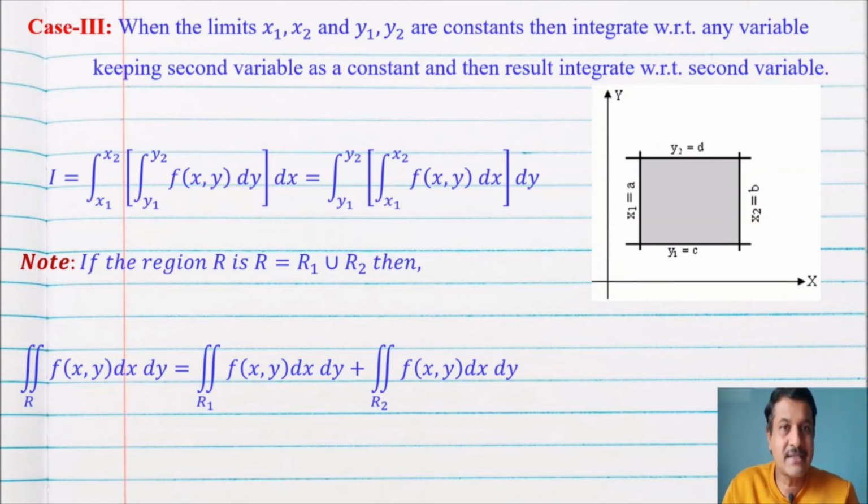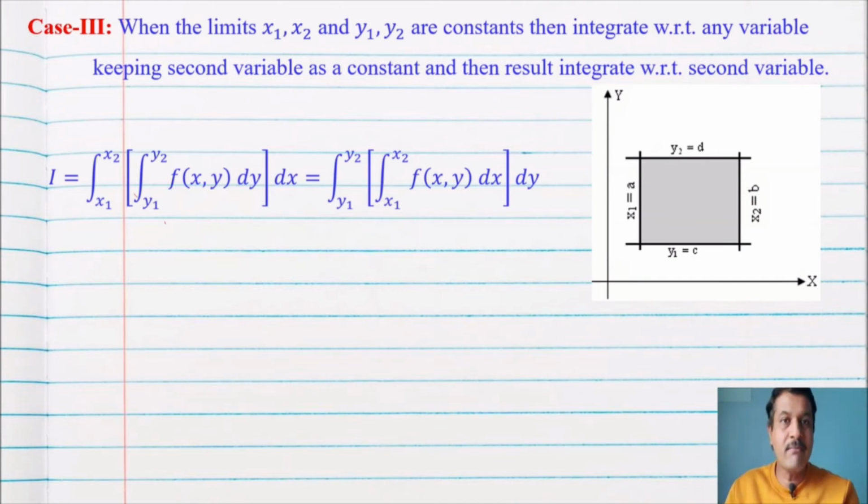It means that sometimes we have to divide the region into 2 parts, take the double integration of the first region, then the double integration of the second region, and add them, and then you will get the double integration of the whole region. So without fail, remember these 3 cases, then you can easily evaluate a double integration just like a single integral.